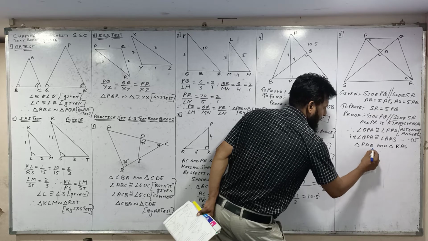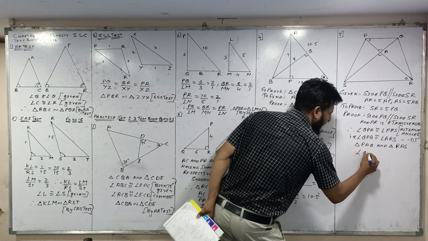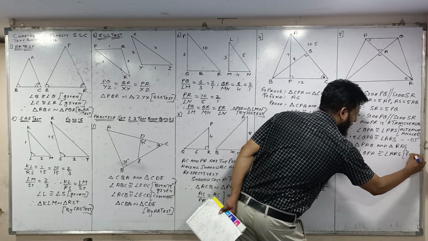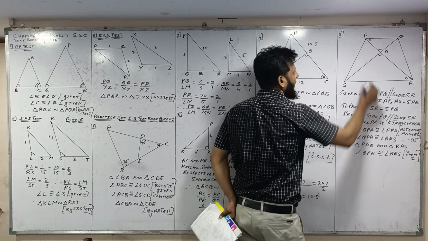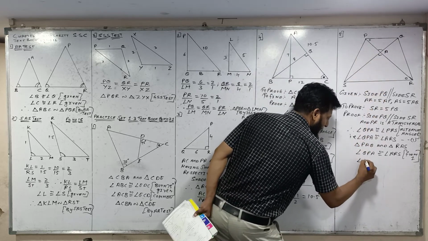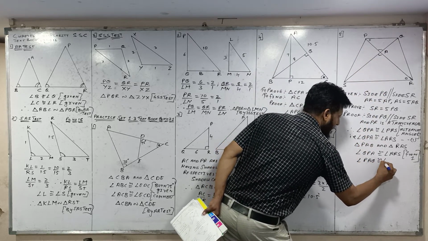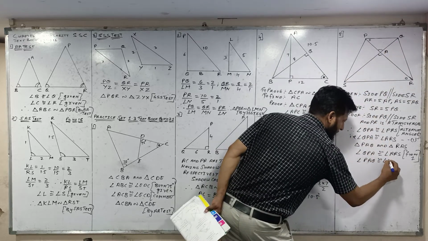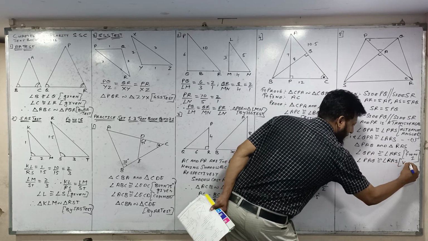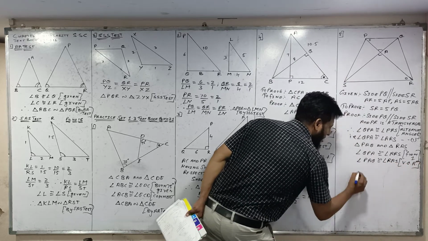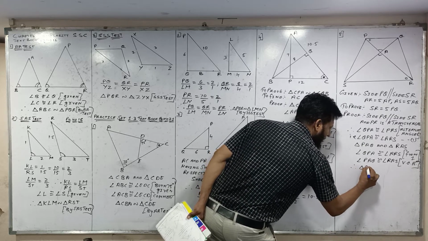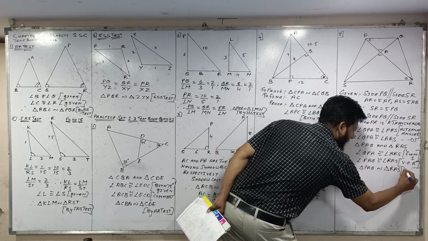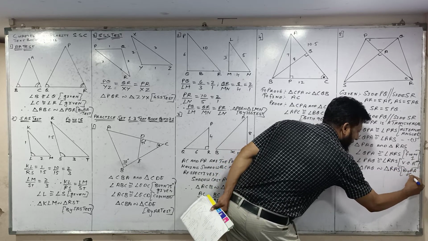Now in this triangle, QPA is congruent to angle ARS from 1, and vertically opposite angle PAQ is congruent to angle RAS, vertically opposite angles. Therefore if two angles are congruent, then triangle PAQ is similar to triangle RAS by AA test.